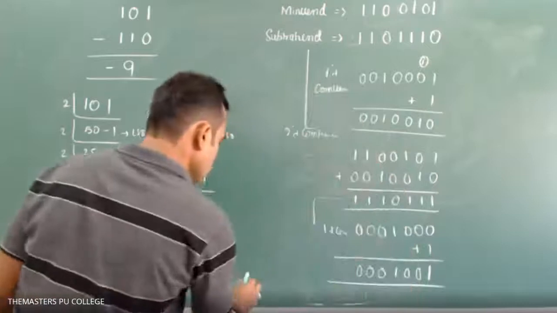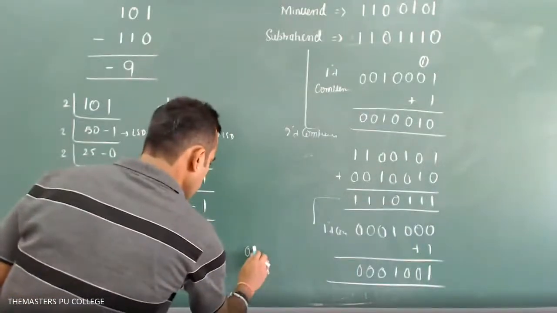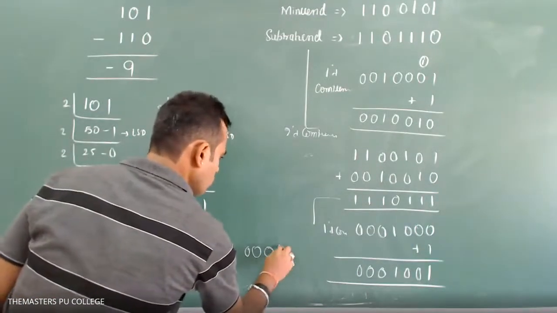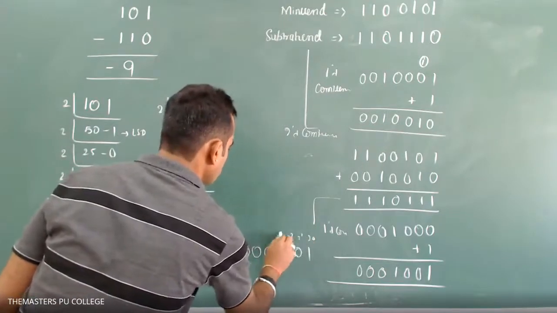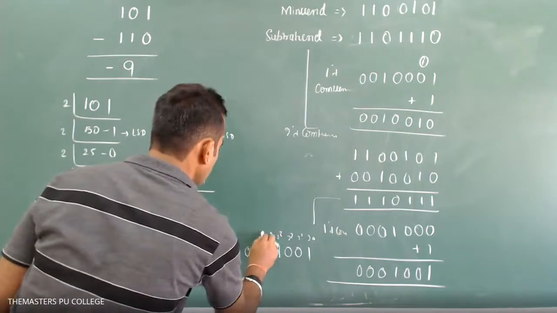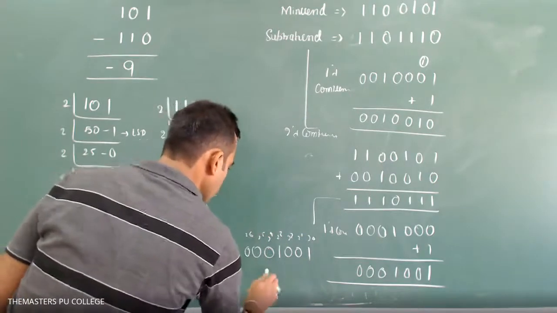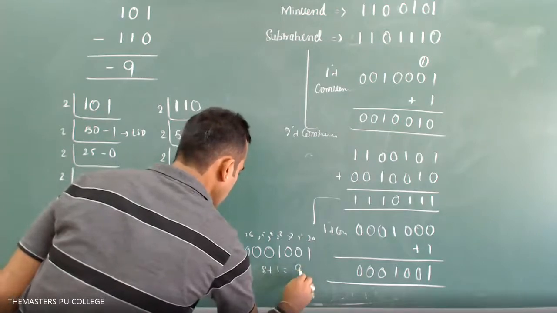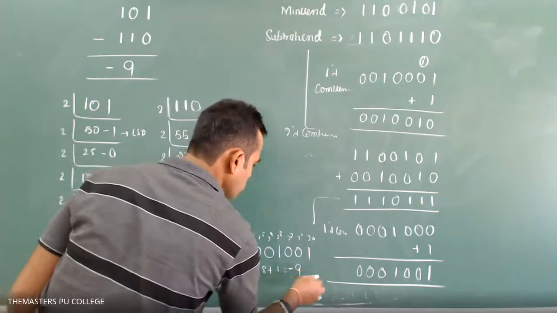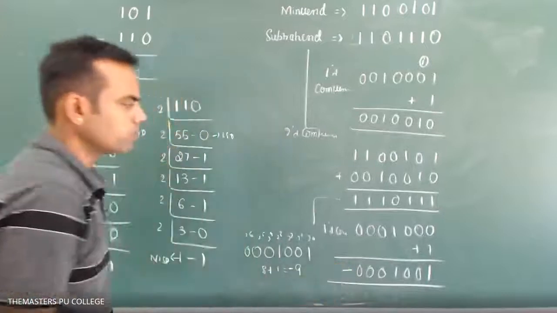Okay, you consider the ultimate result 0 0 0 1 0 0 1. 2 4 3 is 8, 8 plus 1 is 9. Okay, so add the negative sign here, and then you put the negative sign in front of this.